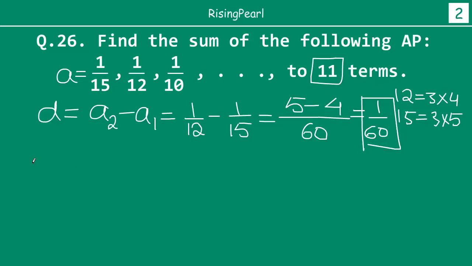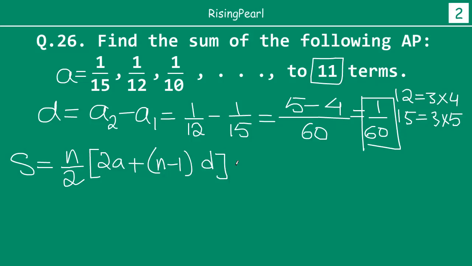So now let's find out. The sum of the first 11 terms will be given by n by 2 times 2a plus n minus 1 times d. Let's just put the values in here. n is 11 because we are trying to find the 11 terms.